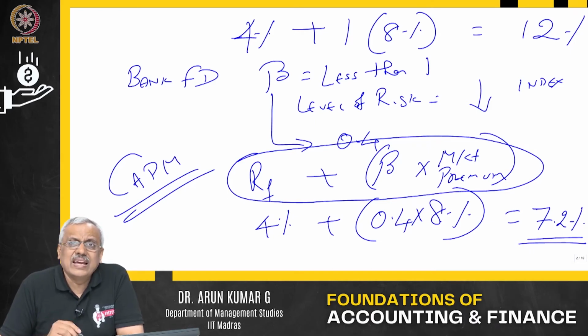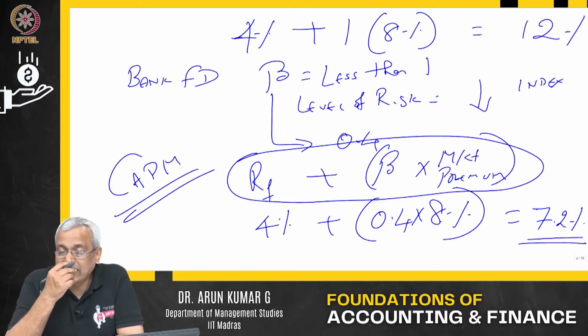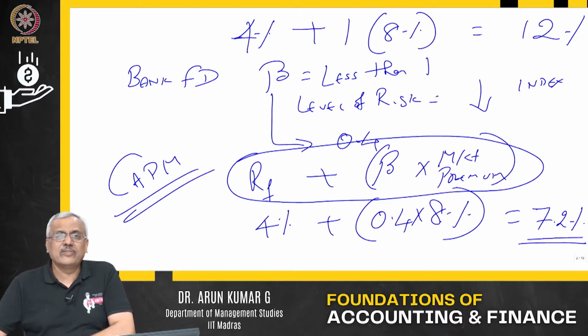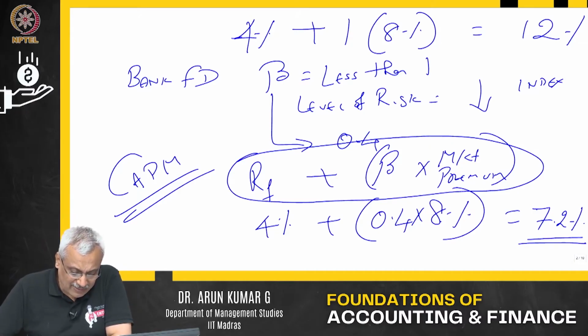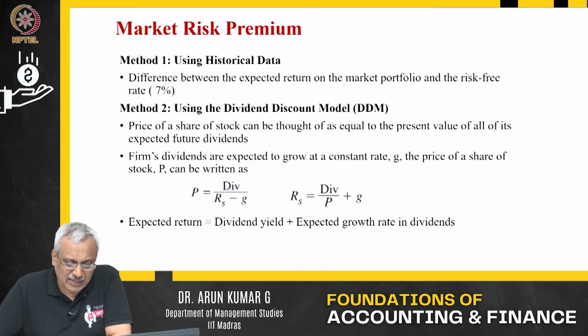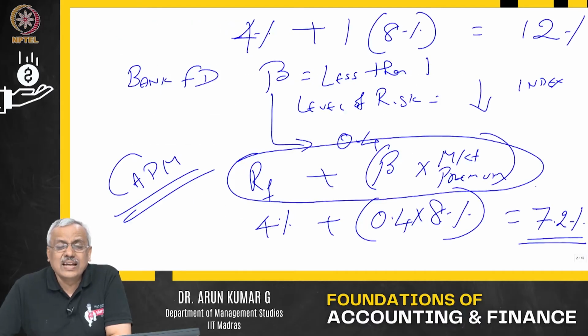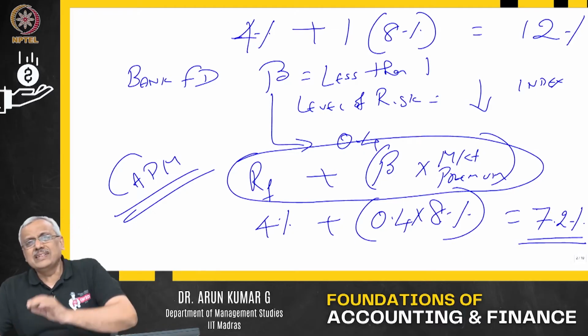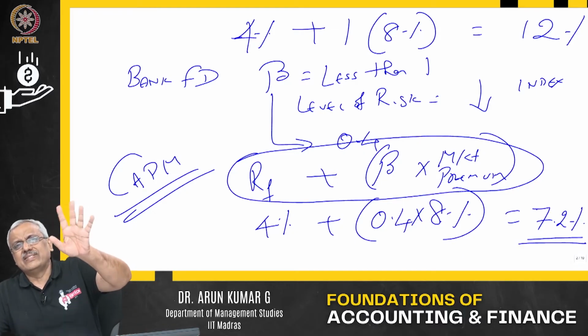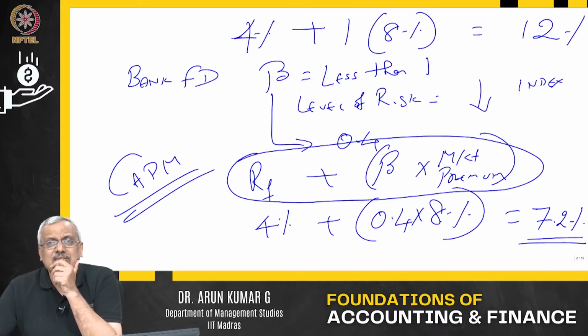There is another way of finding out the expected return of an equity investment in the market, which is a way of valuing the equity. Now imagine a stock which is giving you consistent dividend.